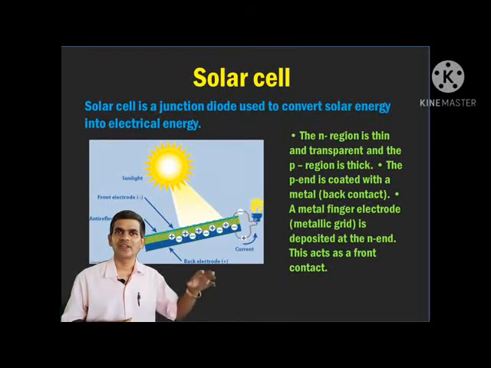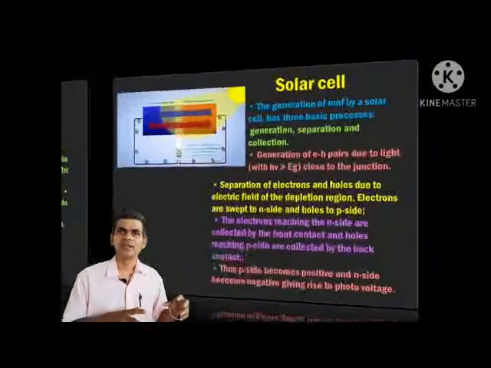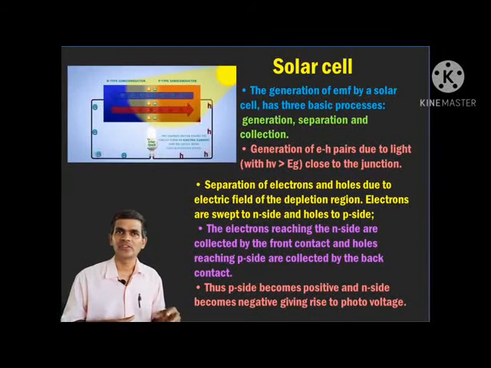When light falls on this junction, electron-hole pairs are created. The generation of EMF by a solar cell has three basic processes: generation, separation, and collection.